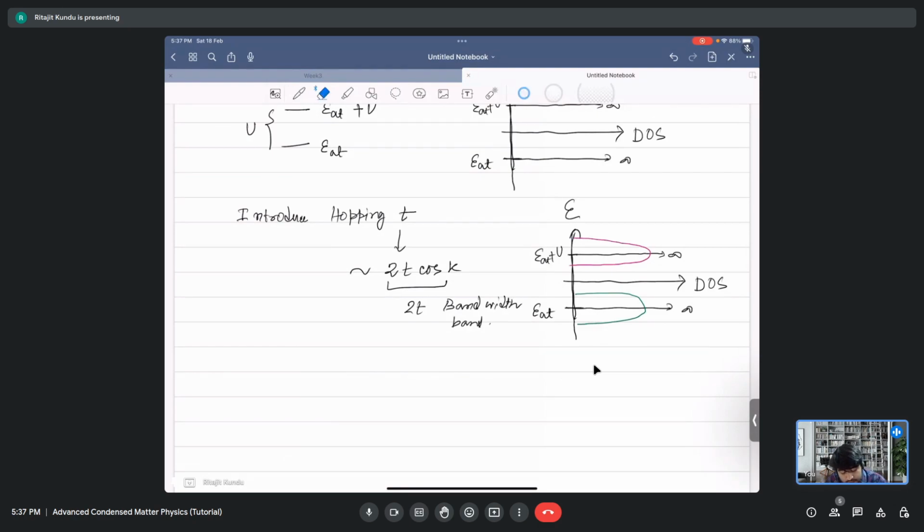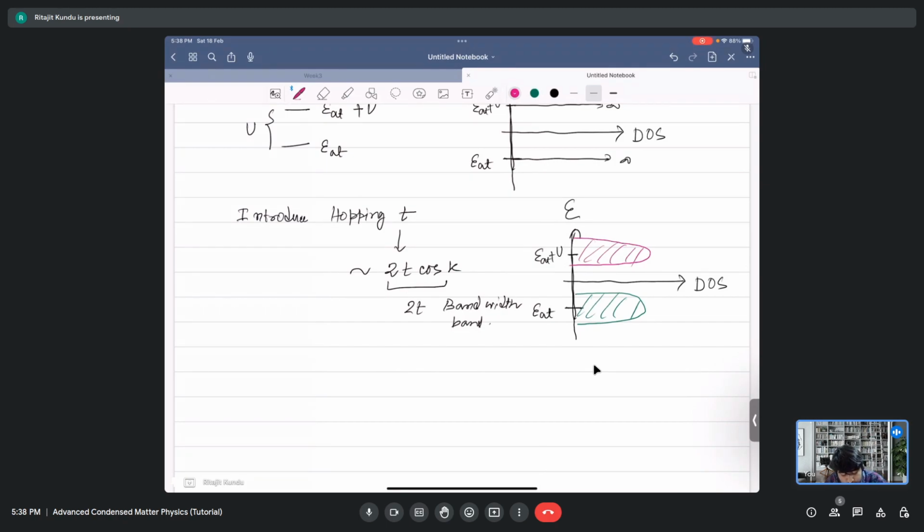Okay, and these Dirac deltas of the density vanish and become a bell-shaped kind of density of states. The density of states has a bandwidth, right?